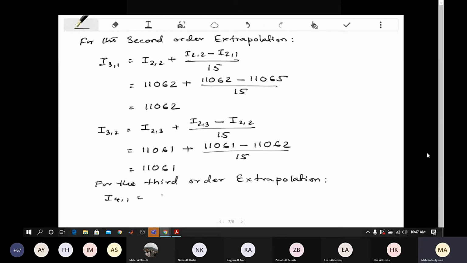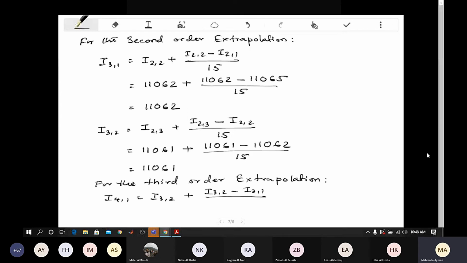So here we have I3,2 plus (I3,2 minus I3,1) divided by, okay, you gave me the values. Yeah, it's correct.